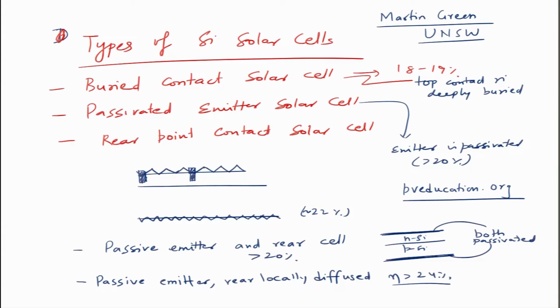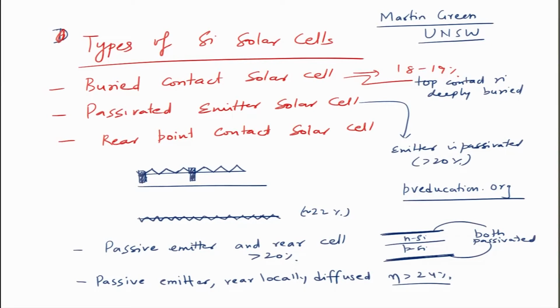So in this case, the surface is passivated, but on the back side the contact has P plus doping at the base. So as a result, the base is more heavily doped as compared to the rest of the base. So near the contacts there is heavy doping in the P side, and that helps to improve the performance.